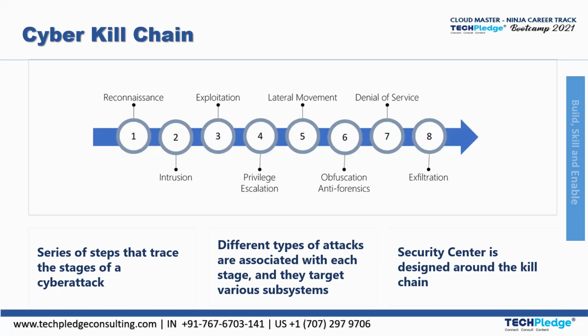Like, it tries to access the system through that vulnerability, and it tries to encrypt the important files or capture the important data that they want. Then privilege escalation, the fourth stage. The attacker often needs more privilege on a system to get access to more data and permissions.